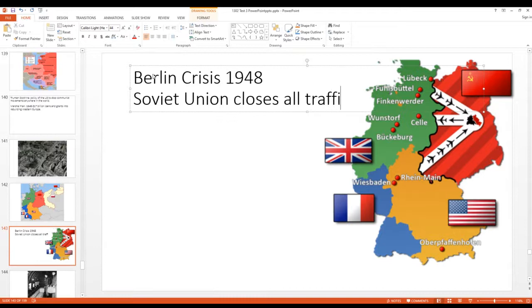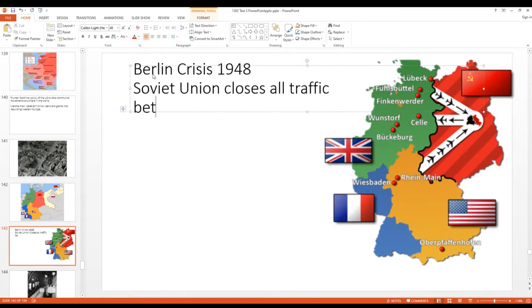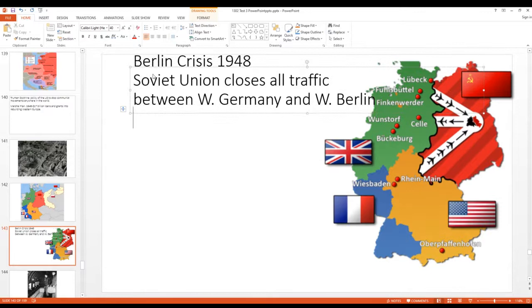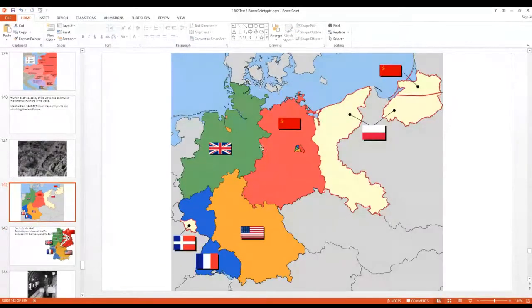The Soviet Union closed off all traffic between West Germany and West Berlin. Okay. So again, I'm going to go back to the big map of Germany. There would have been roads and railroads running from Western Germany into Western Berlin.